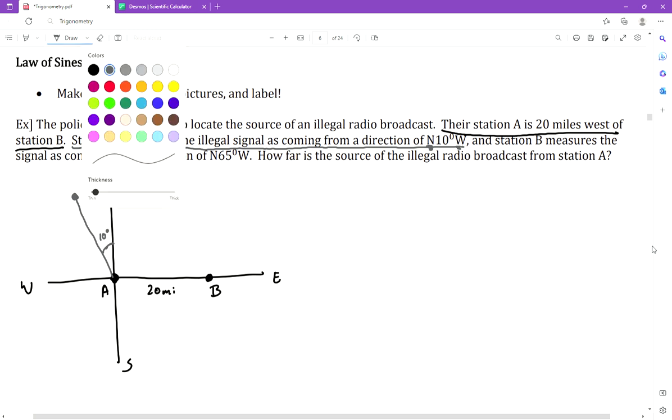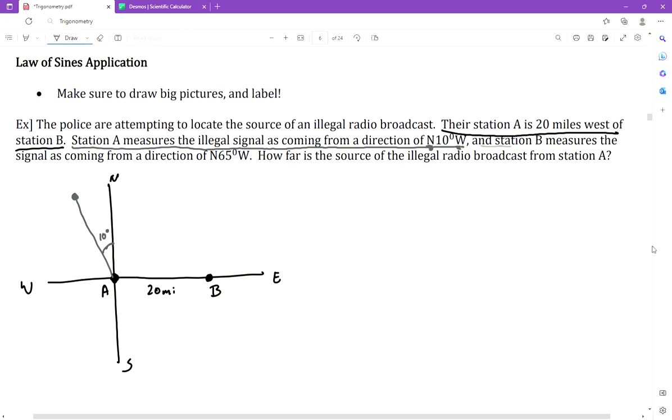And then it says there's station B. Okay, I'm going to do that in this lighter gray, again, not to make it too colorful. But it says station B measures the signal as coming from the direction of north 65 degrees west. Because it has another compass bearing through B, I'm going to just draw in an axis. So I already have the east and west.